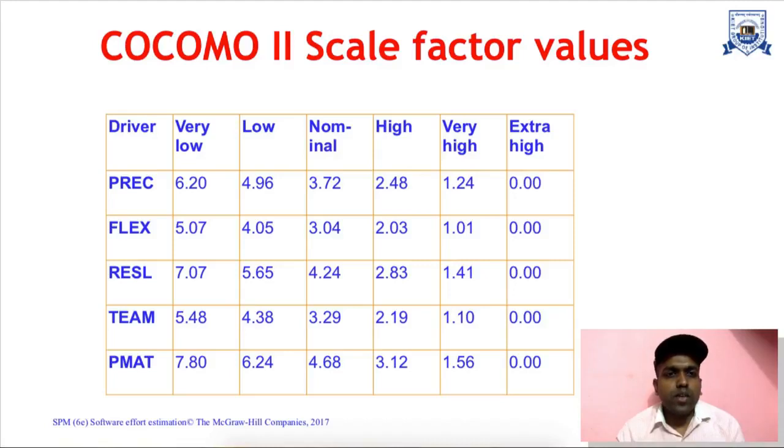Suppose for PREC, the very low value is 6.20, low value is 4.96, nominal value is 3.72, high is 2.48, and so on. So a table is given.